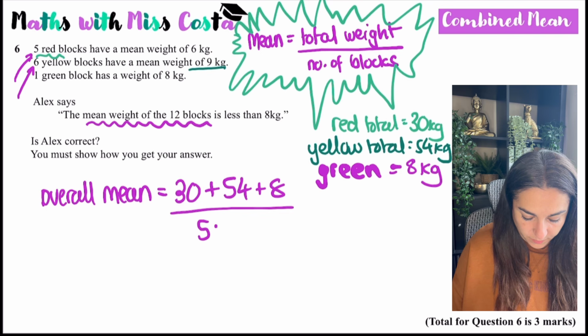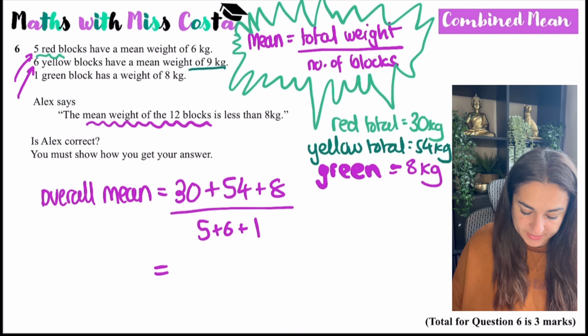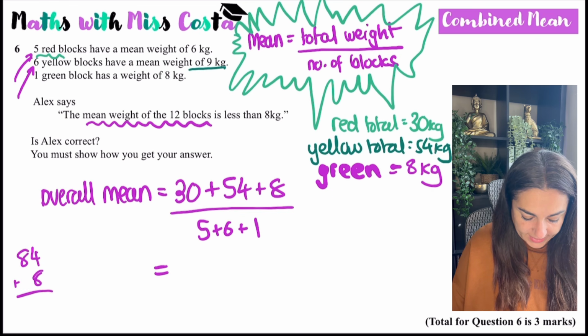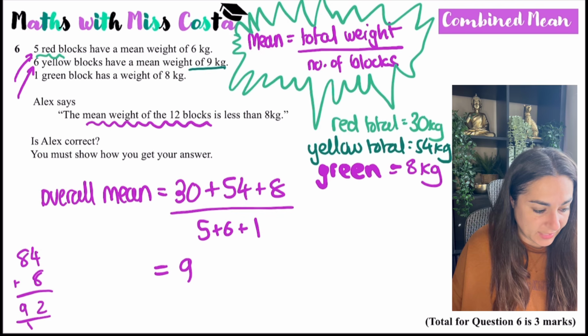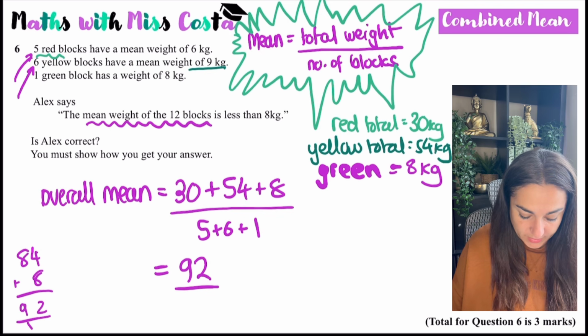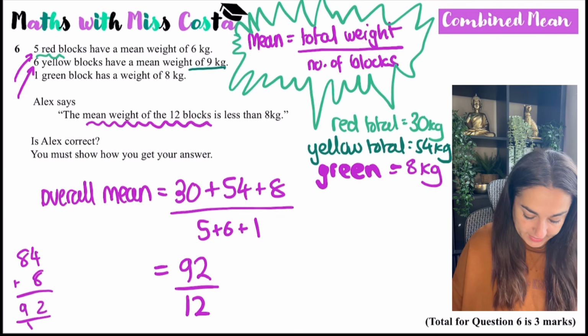So that's 5 plus 6 plus 1. Let's simplify it. So 30 plus 54 is going to give you 84. 84 plus 8 is going to be 92. So you've got 92, and then 5 plus 6 plus 1 is 12.